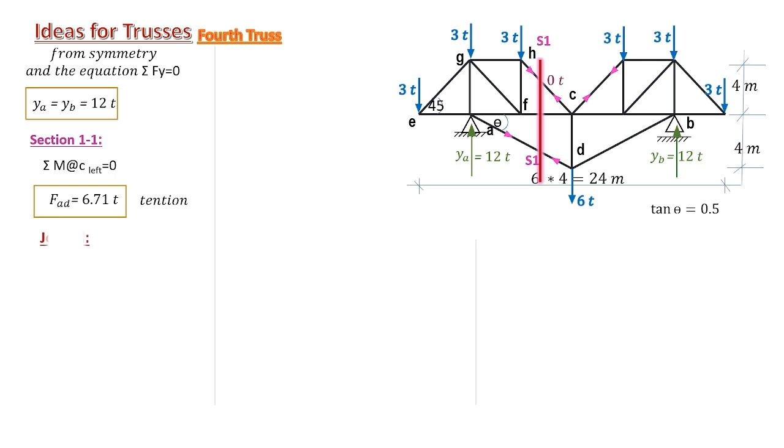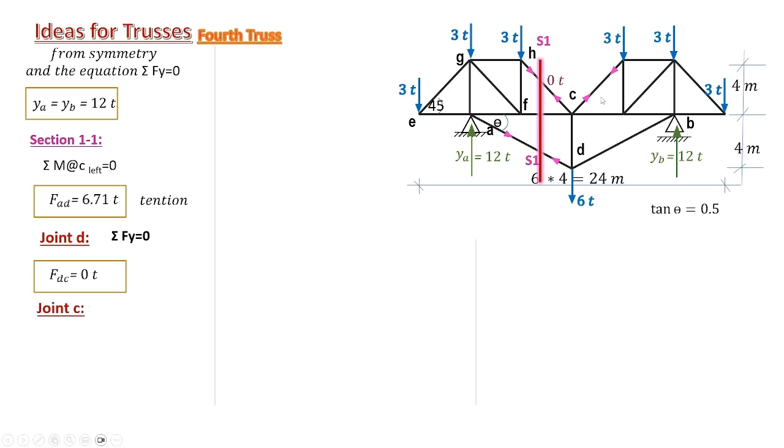Now we can consider joint D, and sigma forces in the y direction gives DC. We proceed with joint C here. Of course, if you consider joint C and equilibrium in the x direction, we will get no conclusions because we have more than one unknown.